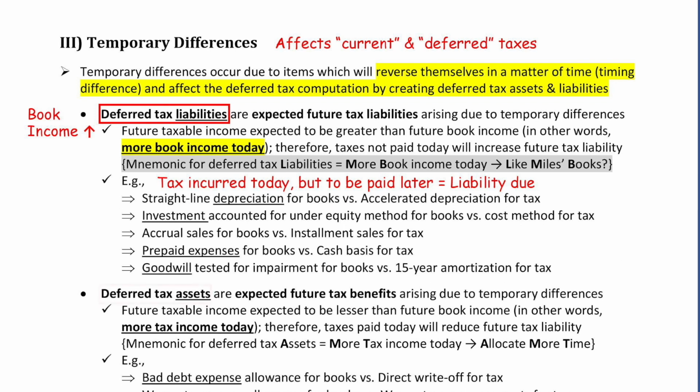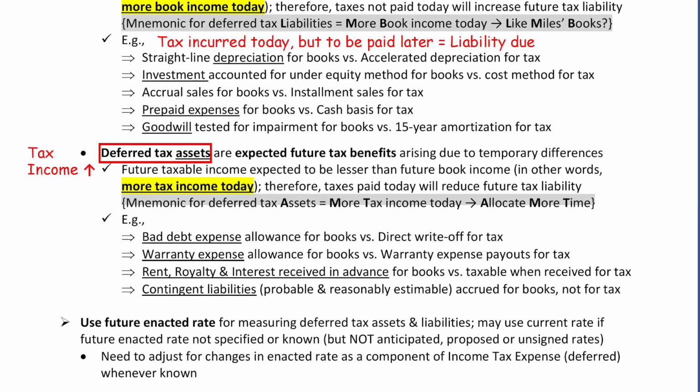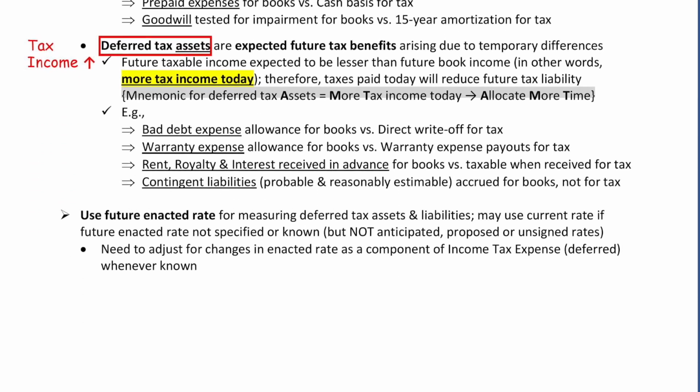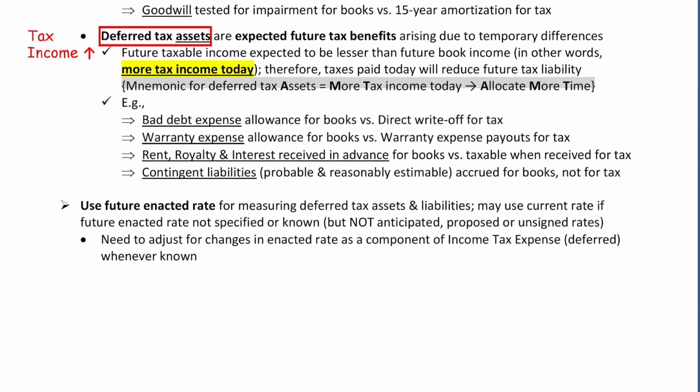Next one, put a box around deferred tax assets. So as you told me that you like Miles books, I told you you need to allocate more time to these books. So allocate more time. Assets, more tax income. So guys, right there, tax income is higher, and highlight more tax income today. From an accounting sense, these taxes, they're going to be incurred later, but you're paying them today.